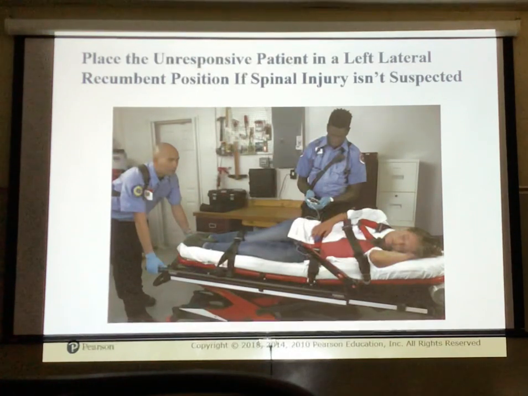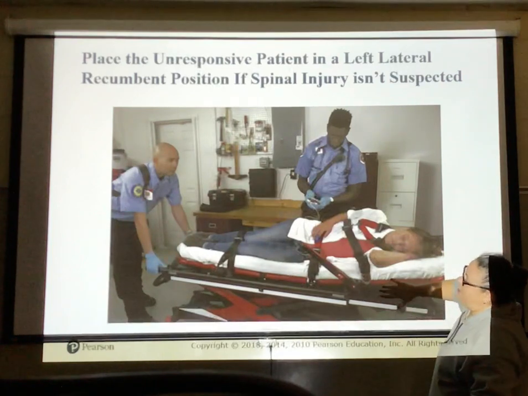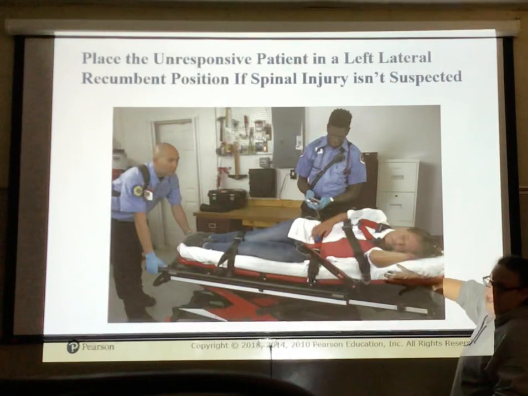It's easier access when you get back in the ambulance. Most of the ambulances that you will come in contact with, unless it's a box truck, I don't really know about the Sprinter units, I think they're free on both sides. But most of the time, where this guy's standing back here, that stretcher goes all the way up against that side of the truck, okay?